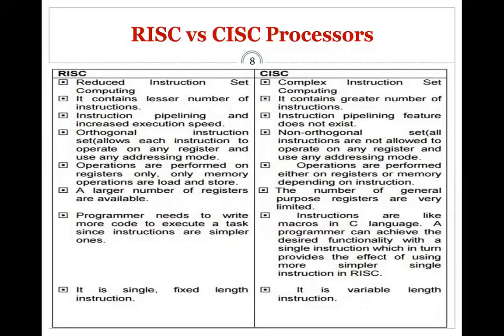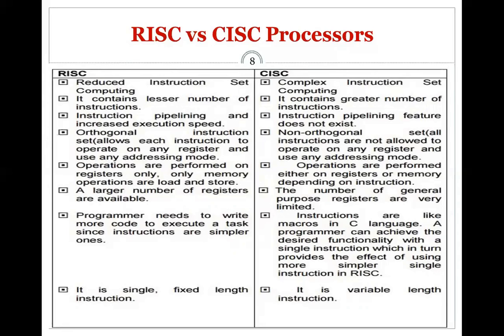That facility is present in this processor, whereas in the case of CISC, such a facility is not there. It is a non-orthogonal set; not all instructions are allowed to operate on any register. Each instruction has its specific register to be used. So that is one major constraint in a CISC system.